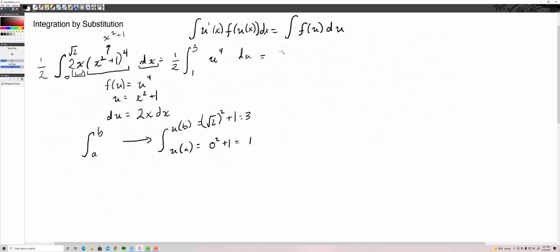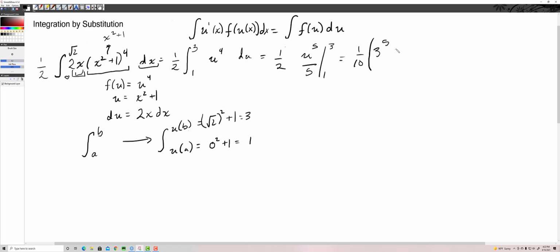I'm now going to go ahead and calculate this as if I would any other definite integral. This is u to the 5th over 5, and now I just need to use these bounds 1 and 3. I'm going to pull this 5 over. 1/2 times 1/5 is 1/10.